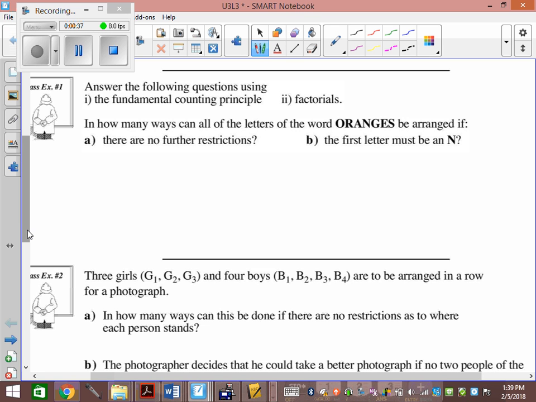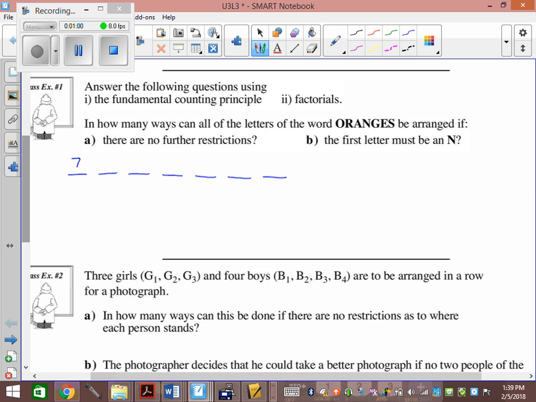So how many ways can all of the letters in the word oranges be arranged? Now we're arranging all of them. We have to check, are there any doubling up of letters? No. Oranges is how many letters? 7. And does it say like 4 of the letters or 3 of the letters? No. So 1, 2, 3, 4, 5, 6, 7.